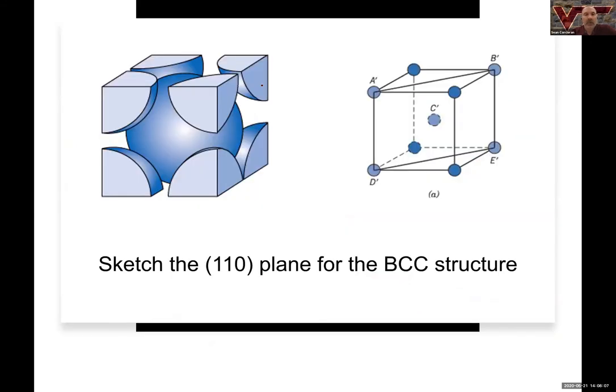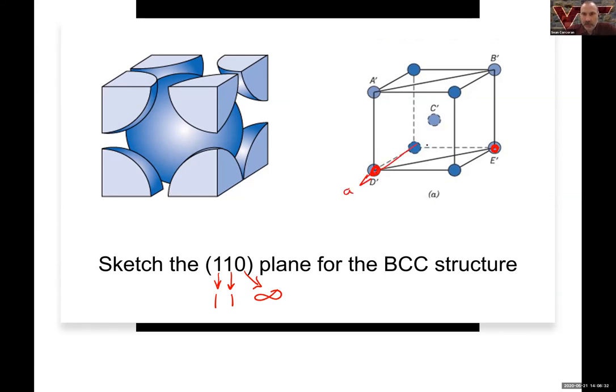All right, what about the body-centered cubic? Let's take a look at the 1, 1, 0 plane for the body-centered cubic. So again, this means the intercepts are going to be 1 on the x, 1 on the y, and then parallel to the z. So we'll draw that. We've got an intercept of 1, 1.